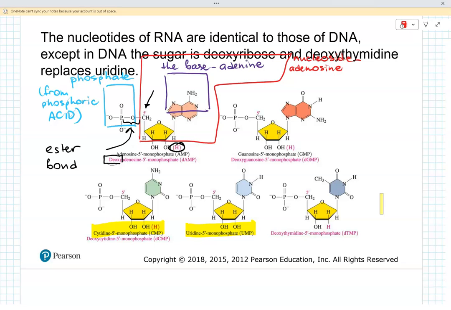Which part of each nucleotide is different between the two? The base. The base. This is why when we explain the sequence of nucleotides in a molecule of RNA or DNA, instead of these long and cumbersome names, we can just use letters A, G, T, C, or U. Is that clear to everybody? Okay.